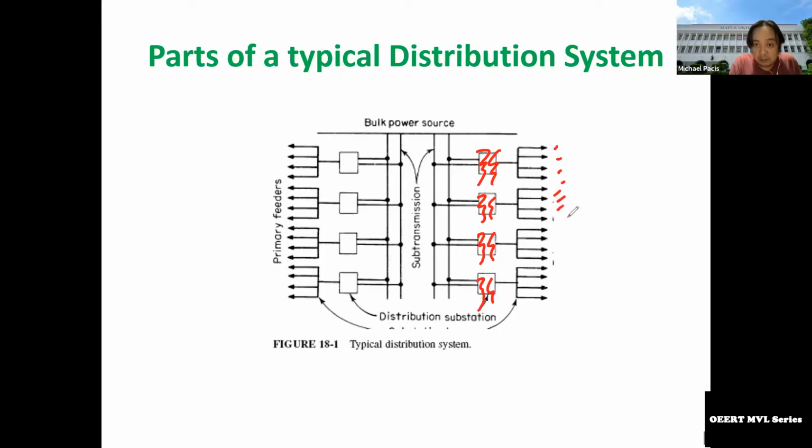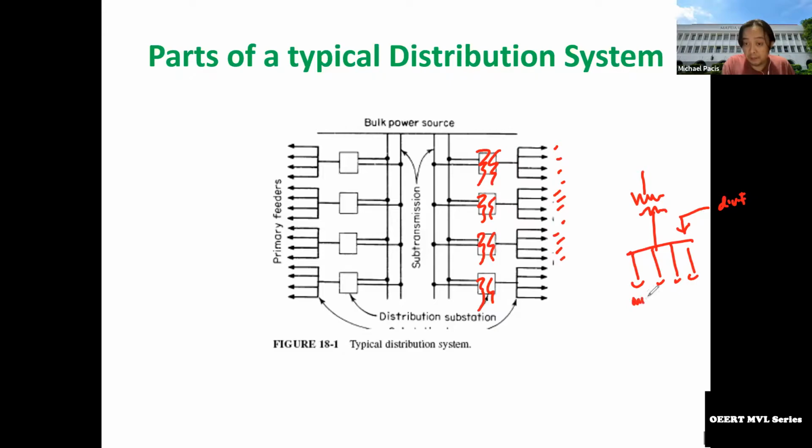So if you can still recall, yung dinidiscuss natin from the diversity factor, di ba? We have your main substation, and then you have your feeder laterals. And then we need to get yung diversity factor here, which is we already know how to deal with it.